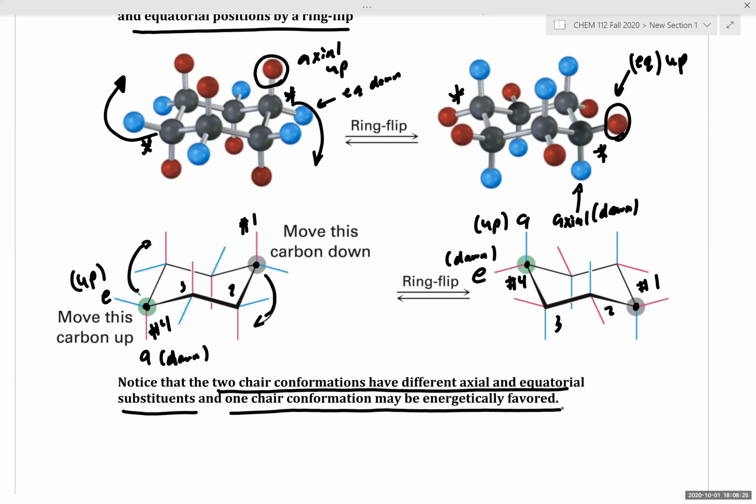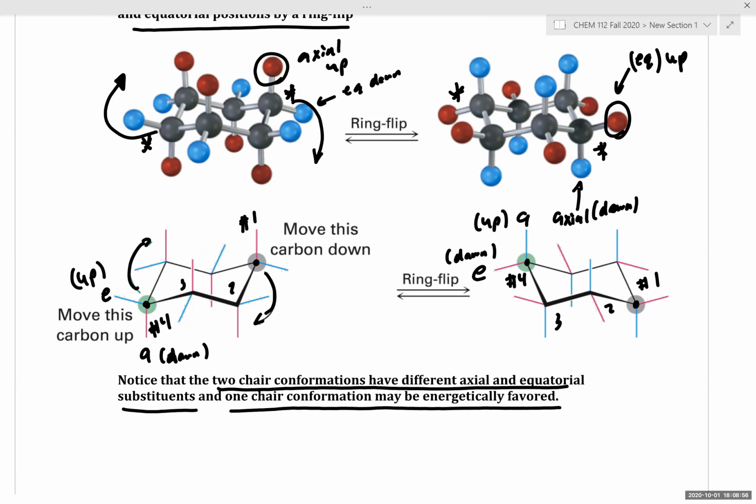Now that we can see that there are multiple different conformations and we can draw those chair conformations, we can then assess which chair conformation is lower in energy and favored at equilibrium. Does the basic mechanics of a ring flip make sense? Any questions that I can address? Okay, let's keep going now.